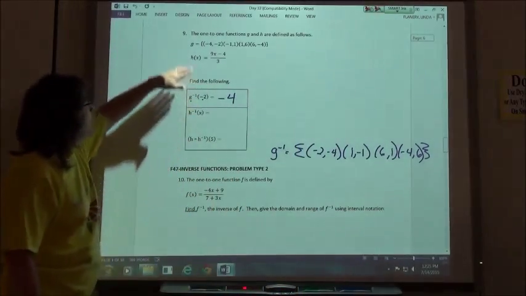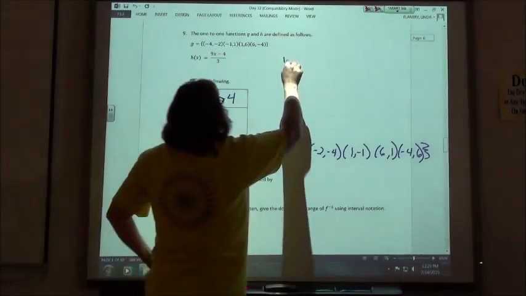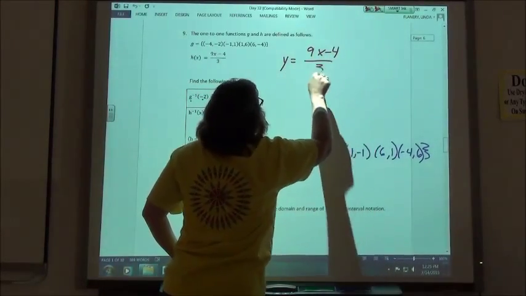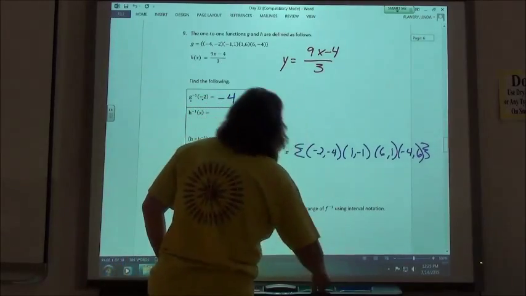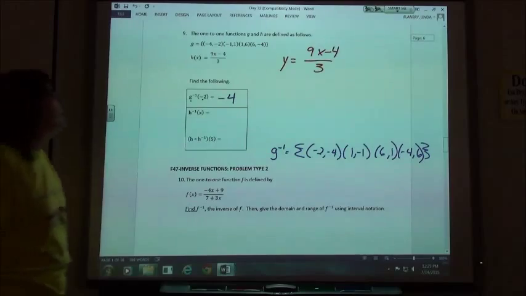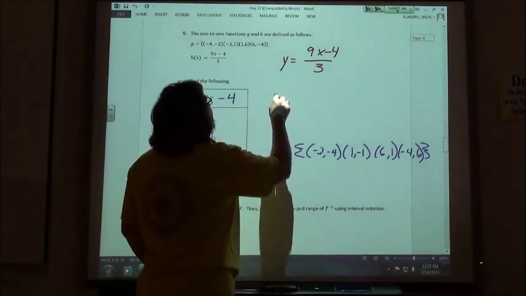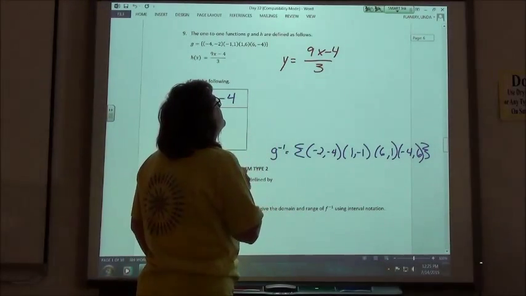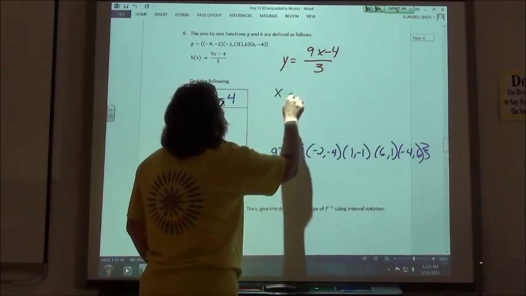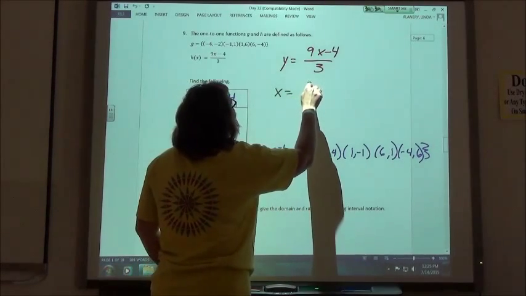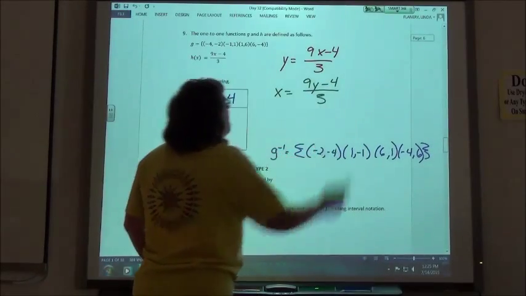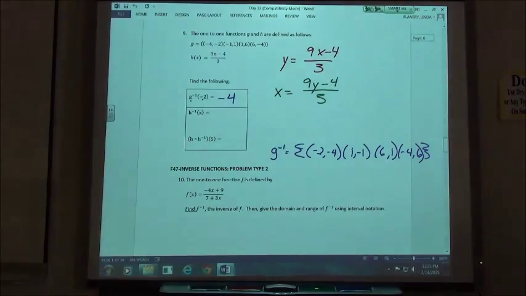The second part, we're going to do the inverse, so we're going to say y equals (9x minus 4) over 3. And in order to do the inverse, we're going to switch our x and our y, so we're going to have x equals (9y minus 4) over 3, right? Switch your x and your y.